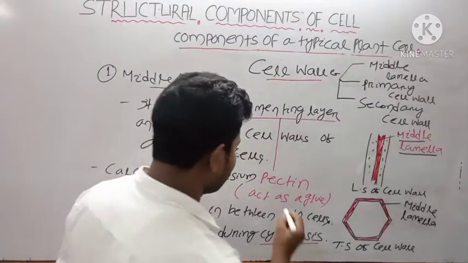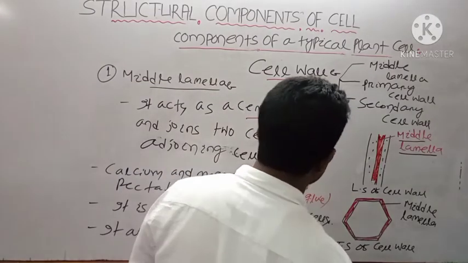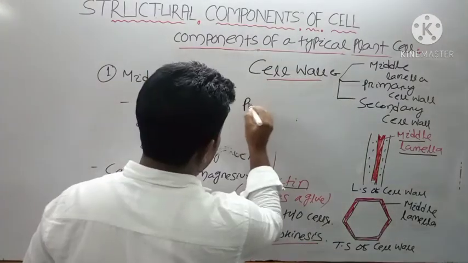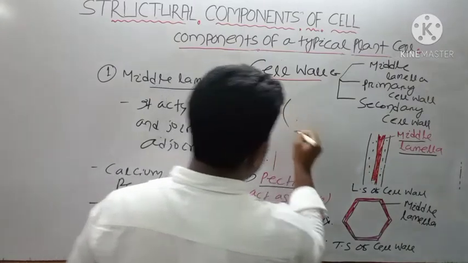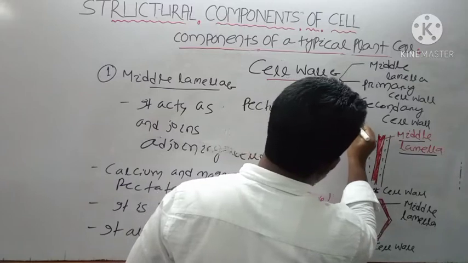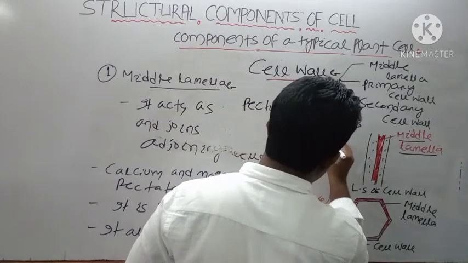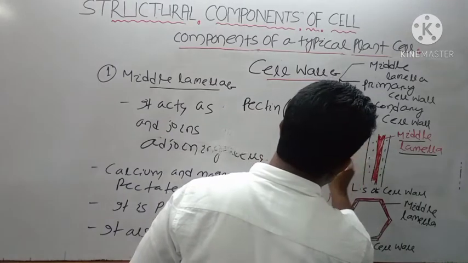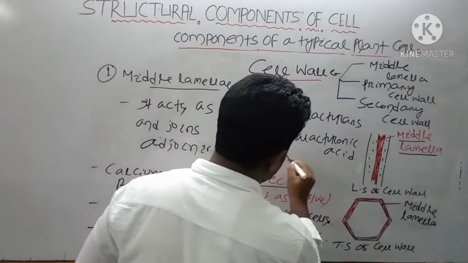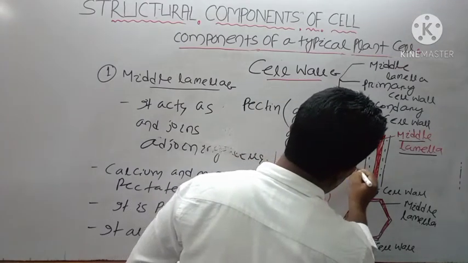Okay, here you can see the pectin. It is composed of galacturans, galacturonic acid and butyl sugars.